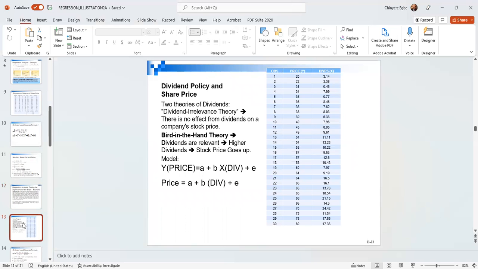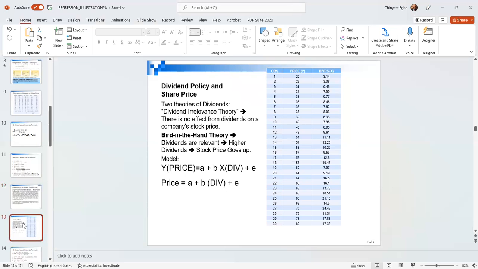This is another example, about dividend policy. Companies that declare dividends, does it affect the price of their stock?